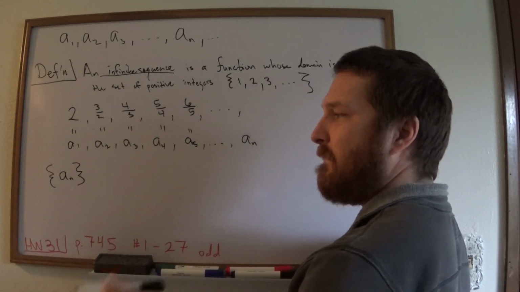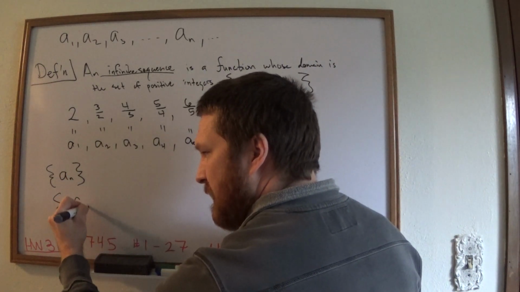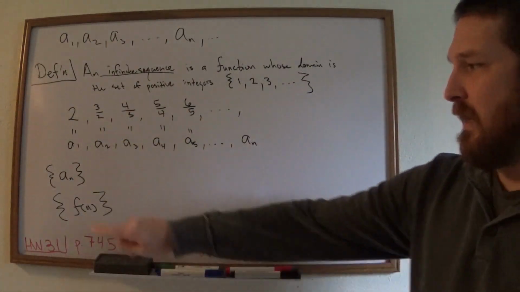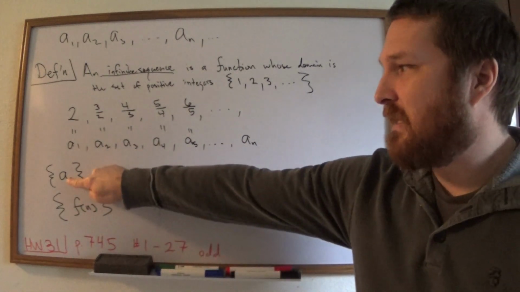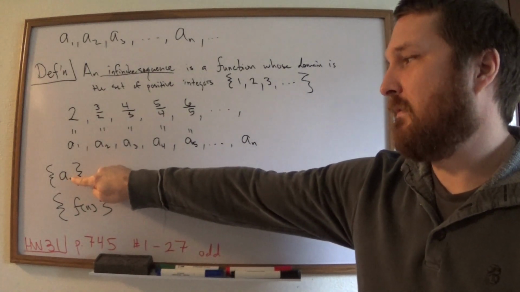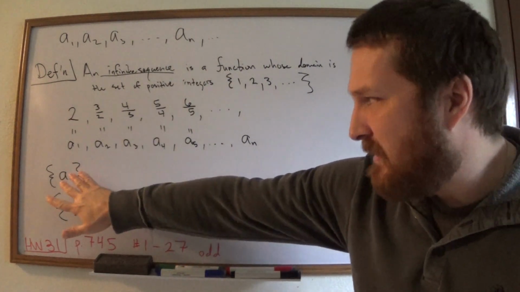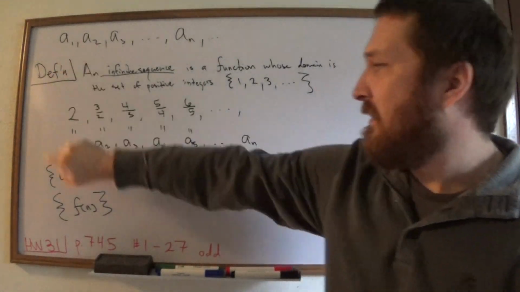Some function of n, but we're going to switch gears and change notation. This is the exact same thing as f of n, but this is how we're going to write it. There's some formula whose input is n, and when you see that, you know this is what they're talking about.